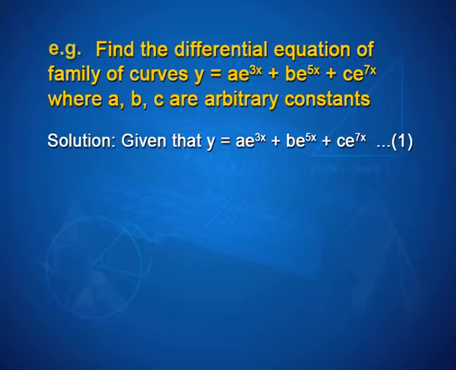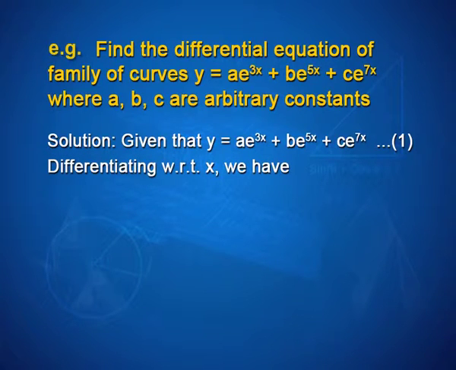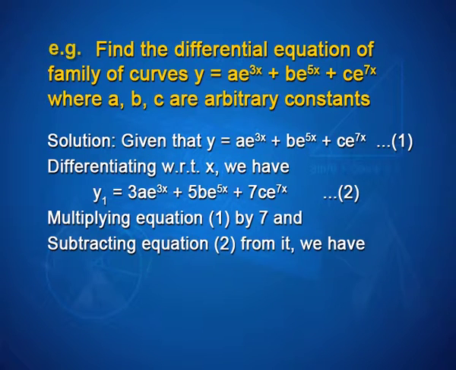Take this as equation number 1. Differentiating with respect to x, we have y1 = 3ae^(3x) + 5be^(5x) + 7ce^(7x). Take this as equation number 2. Multiplying equation 1 by 7 and subtracting equation 2 from it, we have 7y - y1 = 4ae^(3x) + 2be^(5x). Take this as equation number 3.